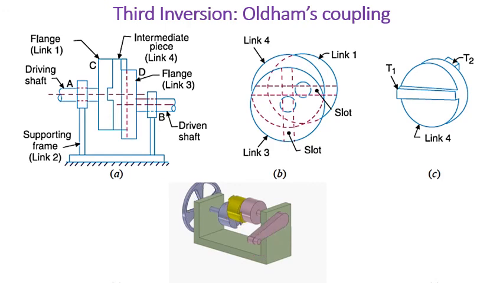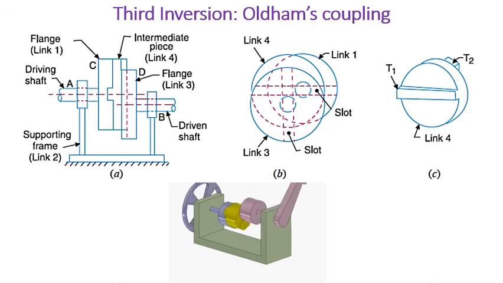So this intermediate piece is sliding between the first flange and the second flange. Okay, so this type of inversion is obtained by fixing link number 2, supporting frame, link number 2.